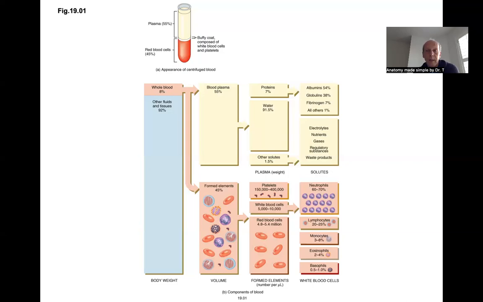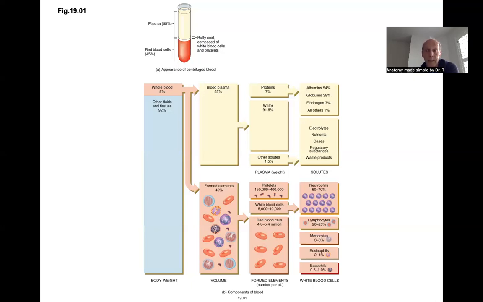Now, one thing that I also want to add, I intentionally tried to stay away from the terms red blood cells, white blood cells, and platelets. Red blood cells are called erythrocytes due to their red color. White blood cells are called leukocytes. Leuko means pale or white.